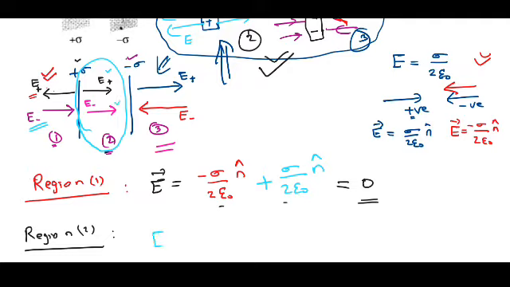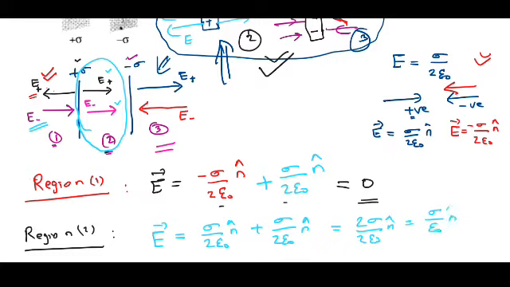Therefore I can write the electric field E equals sigma divided by 2 epsilon 0 n cap plus sigma divided by 2 epsilon 0 n cap. This is nothing but 2 sigma by 2 epsilon 0, which is nothing but sigma divided by epsilon 0 n cap.